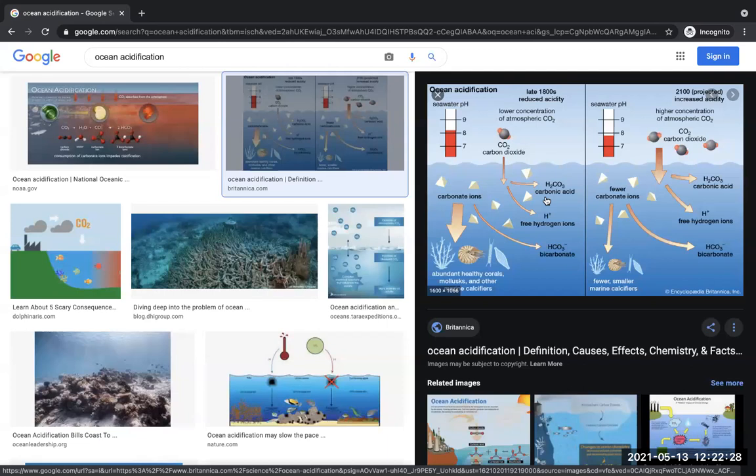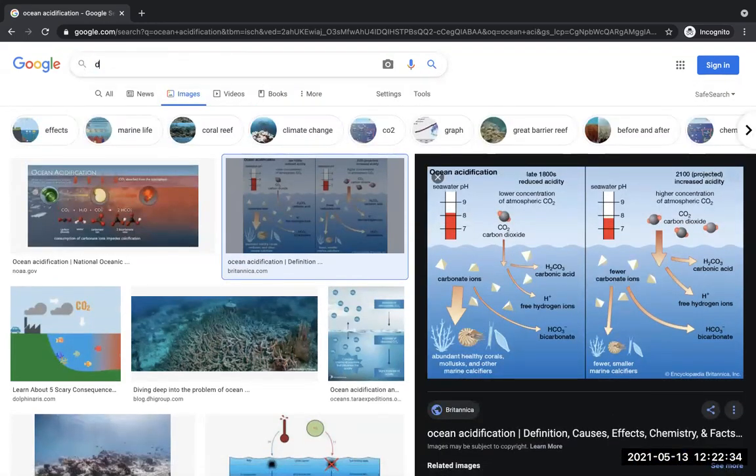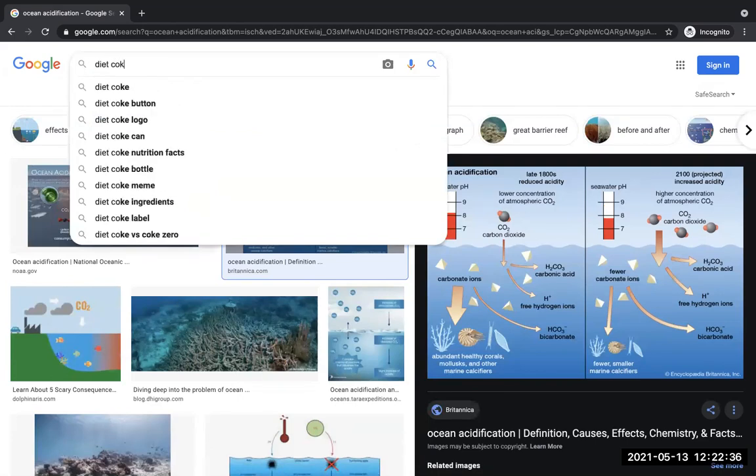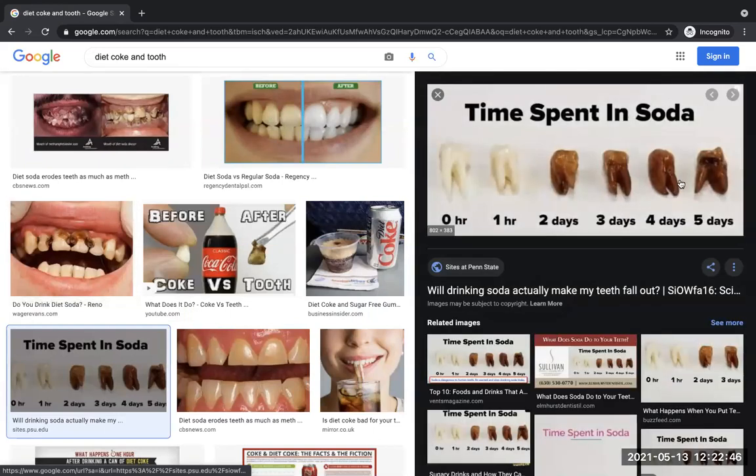If you want to do an experiment, you should take Diet Coke and put a tooth in it, or something that has calcium. It's going to decay. This is showing time spent in soda. So there's the ocean acidification.